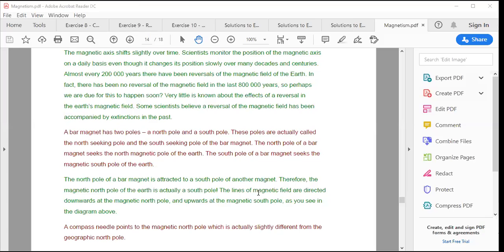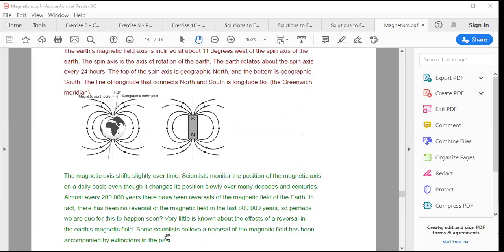The lines of magnetic field are directed downwards at the magnetic north pole and upwards at the magnetic south pole, as you've seen in the diagram above. So here on this diagram, right? This actually is for the magnet, it's your south, right?